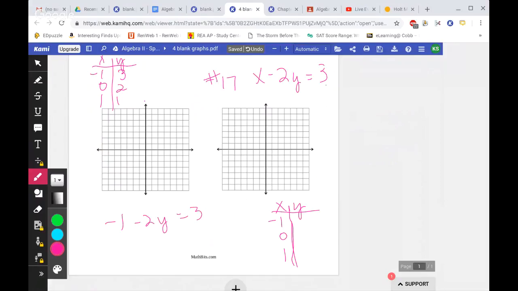So I'm going to add 1 to both sides because I'm just going to use my principles of algebra that we've worked on, and we love them so much. So I have 3 plus 1. That's going to be 4. I'm going to divide both sides by -2, and that's going to give me y equals -2. So when x is -1, y is -2.